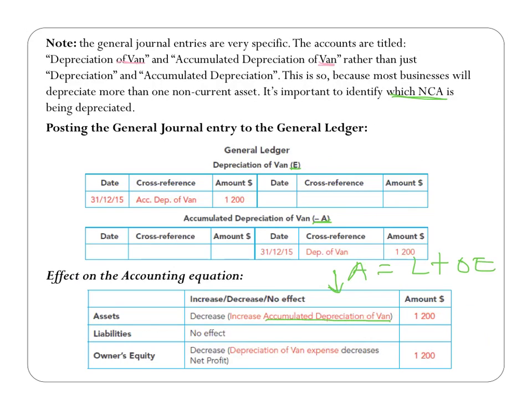So the overall effect is a negative effect on assets: decreases assets by $1,200. Liabilities, no effect. On owner's equity, because we've increased an expense account, depreciation of van, we decrease our net profit, and hence we decrease our owner's equity.